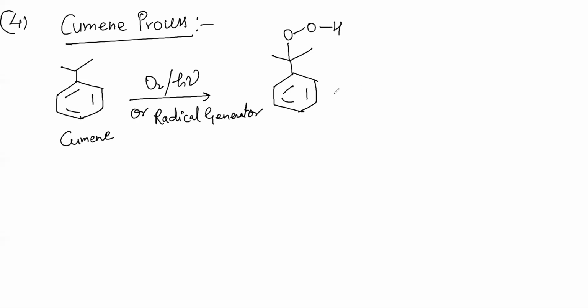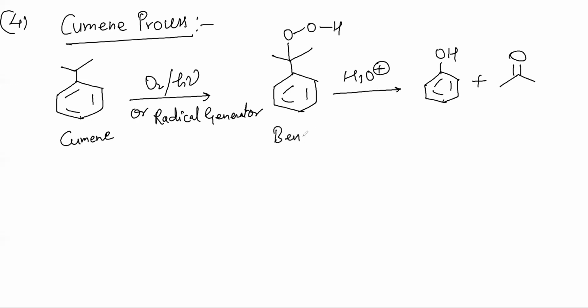Then we treat it with H3O plus. H3O plus means hydrolysis in acidic medium, and we get this. I will show you how it is made. This is called cumene hydroperoxide.